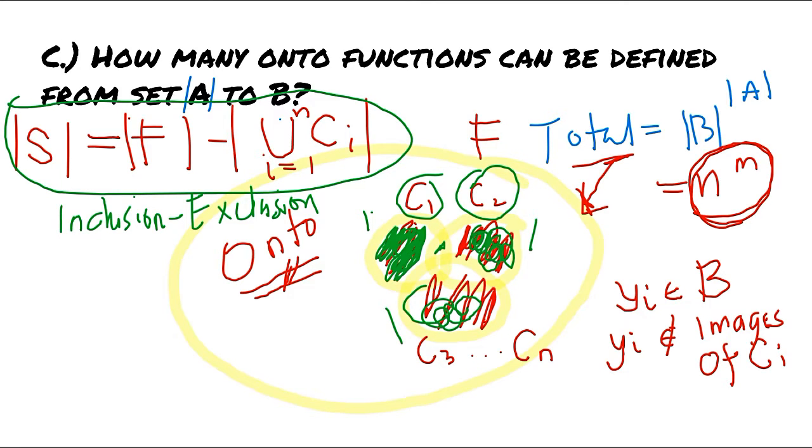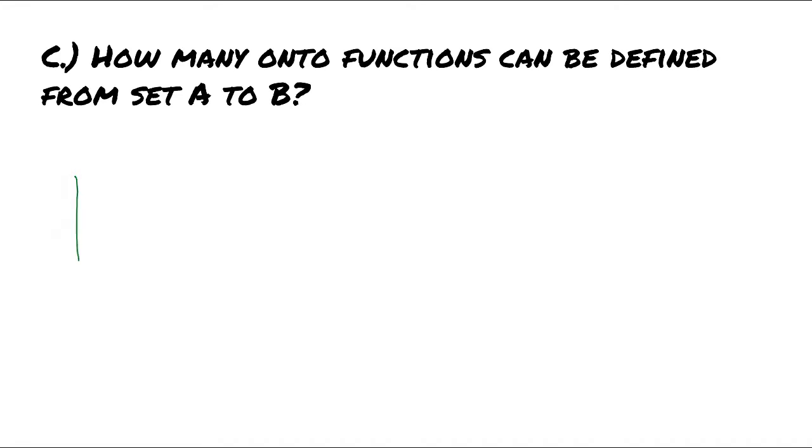Their intersection will involve two elements that are not included, and three elements, and so on, up to n elements that are not included. That n-element case is basically the intersection of all of these sets C, when we do not include any of the elements.